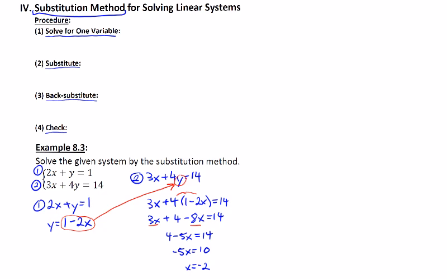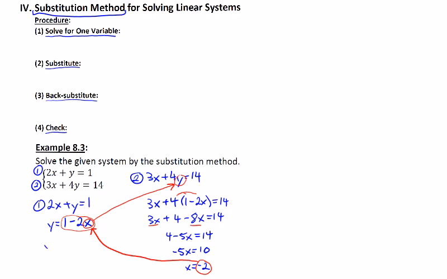We did the solve for one variable and the substitution, and that led us to a value that we can assign for x. But we need to also have an assignment for y. So we're going to do the back substitution step now. This is step 3. So the back substitution is going to have me take the assignment we just made, negative 2 being x, and we're going to substitute it back into the original expression that we used for substitution.